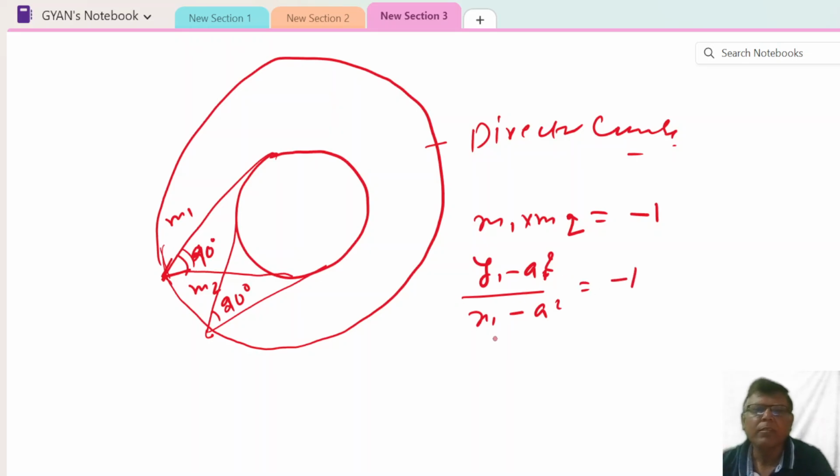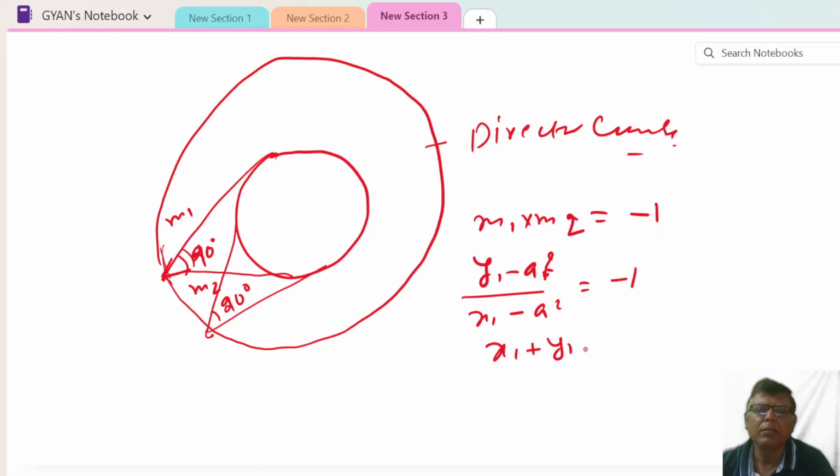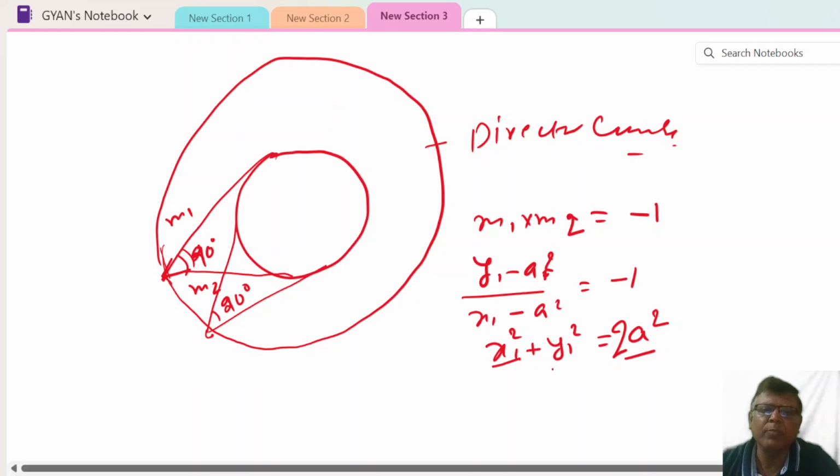That means x1 square plus y1 square is equal to 2a square. So now this is a variable point, so x1 y1 is replaced by x y. So x square plus y square is equal to 2a square.